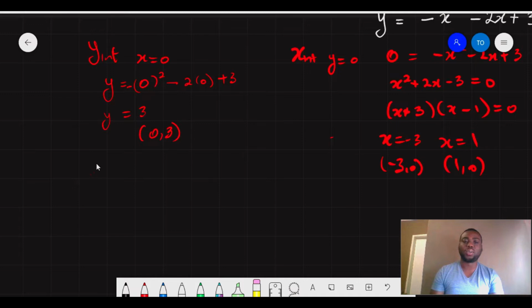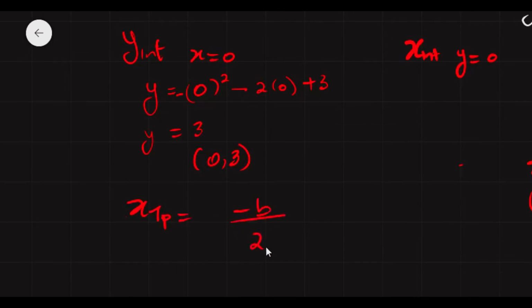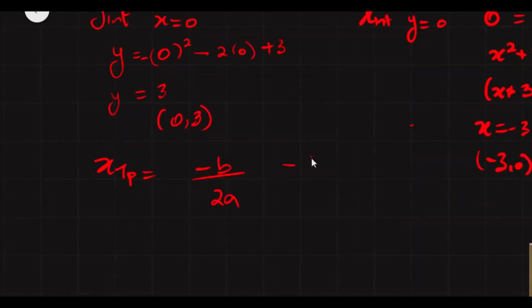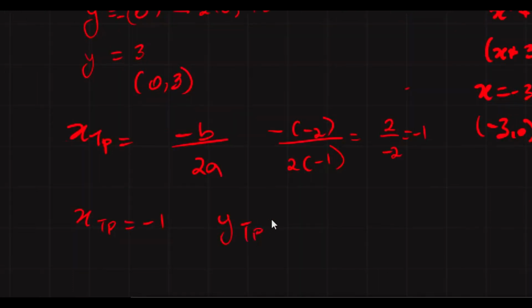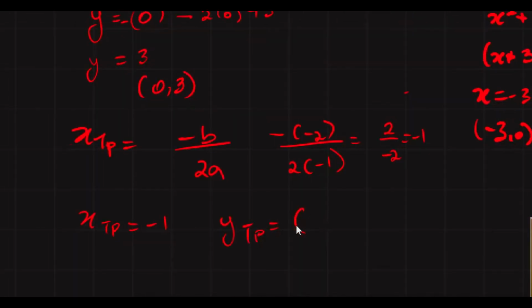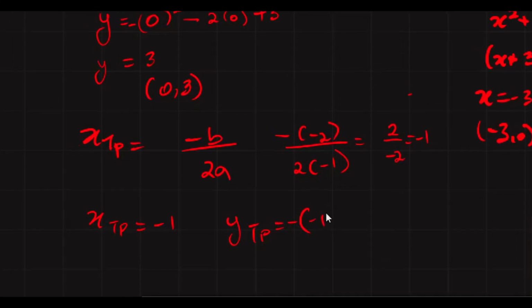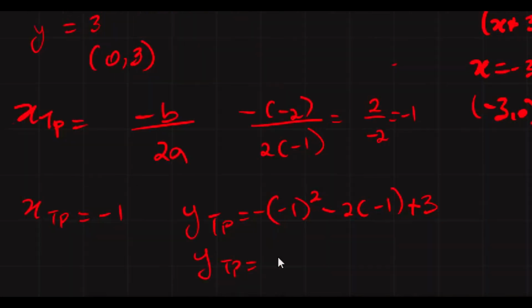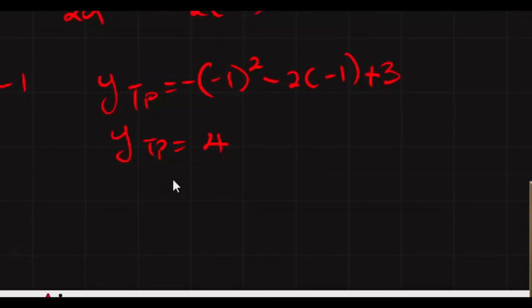The formula for the x coordinate of our turning point is this. So therefore our answer would be 1 and 4.